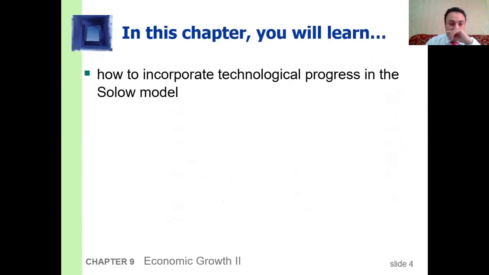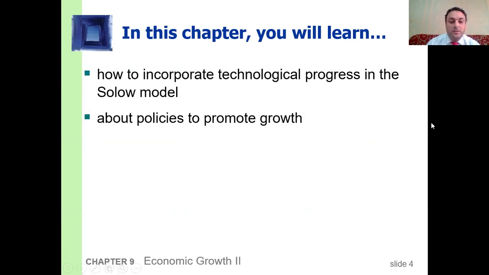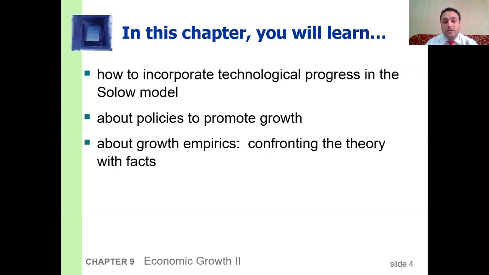So as we know how to incorporate technological progress in the Solow model, now we will see some policies to promote economic growth, and the growth empirics, confronting the theory with the facts: whether the theoretical assumptions in the model are real in the real world or not.